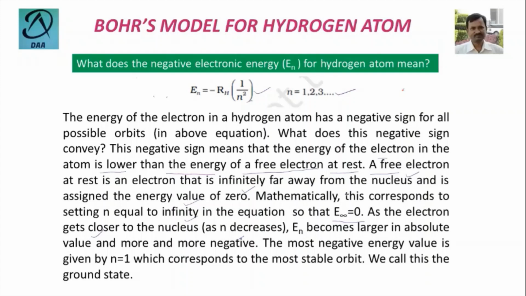That is, from infinity, when it comes closer to the nucleus, En becomes larger in absolute value and more negative. The most negative energy value is given by n equal to 1, which corresponds to the most stable orbit, and this we call the ground state.